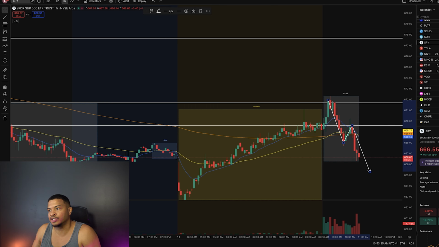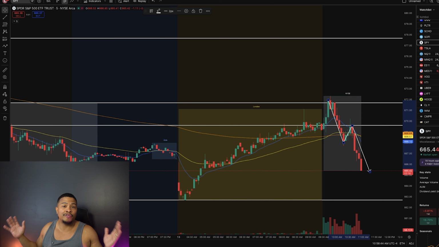I have EMAs on the chart, the 14, 50, and 200. But it is our job to identify where we may have reactions on the chart and then capture a piece of the pie. Get on the train for a portion of the ride. Sometimes you get to go the full distance, meaning that I caught a trade at a phenomenal level and price just runs. If you know, you know.